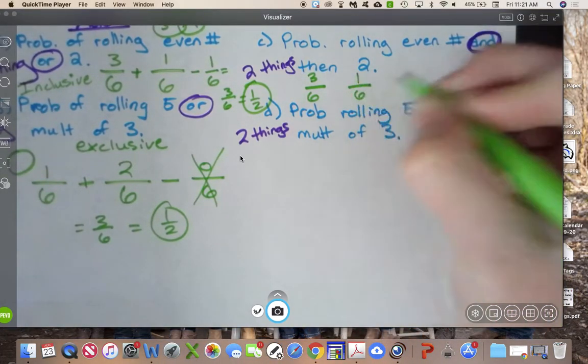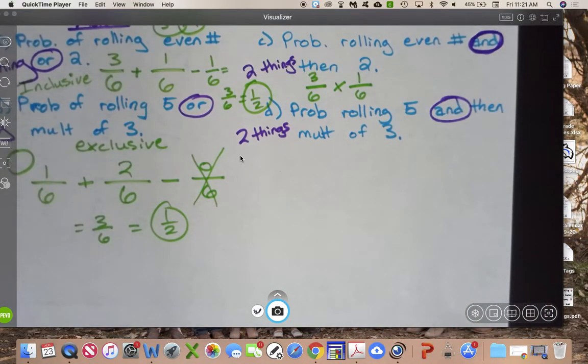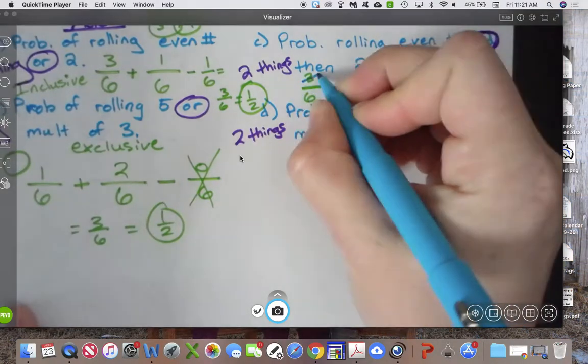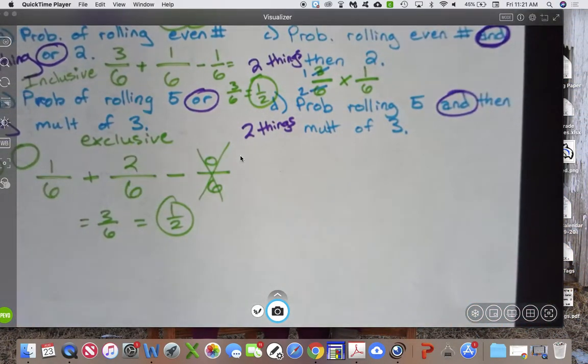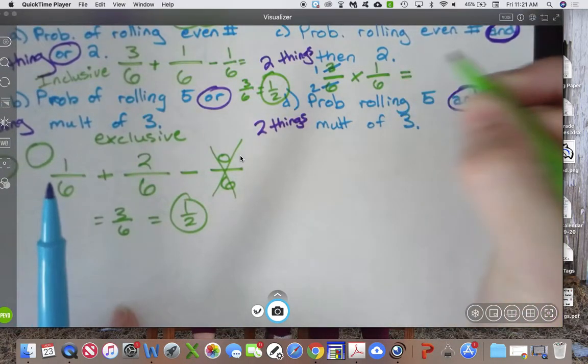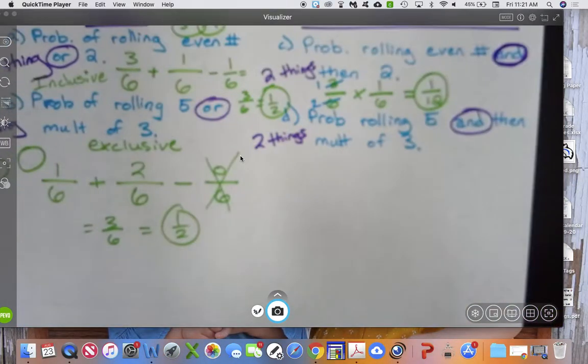But we're doing 2 events, so we're multiplying them together. Before we multiply, let's reduce. 3 and 6 can reduce to 1/2. Yeah? Okay, and then if I multiply those together, that becomes 1 over 12, right? Yes?